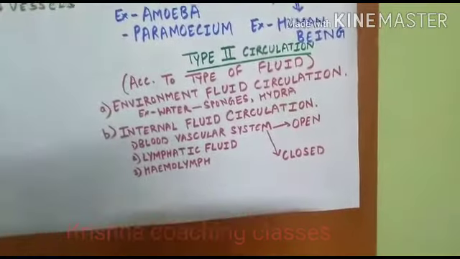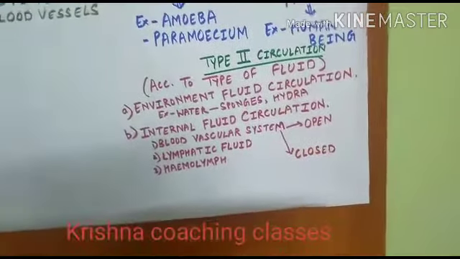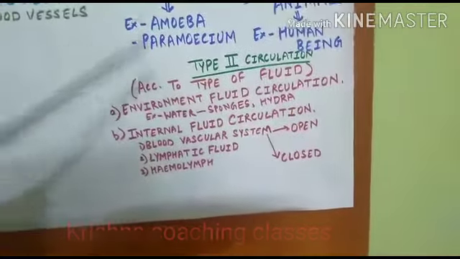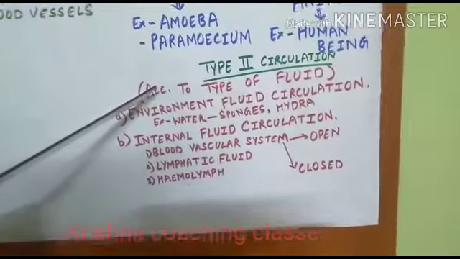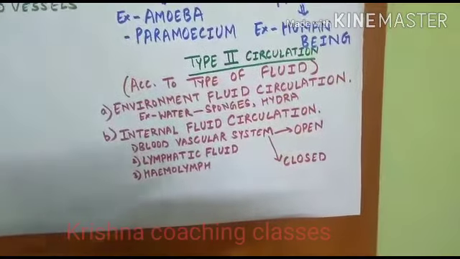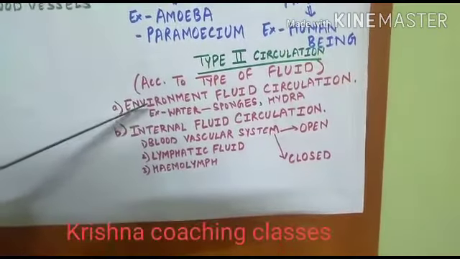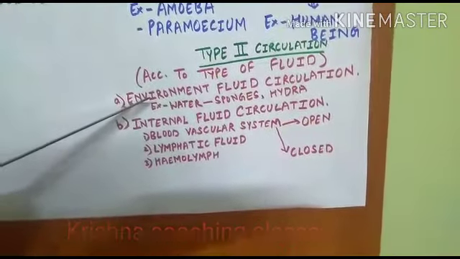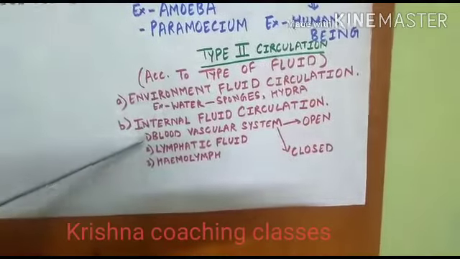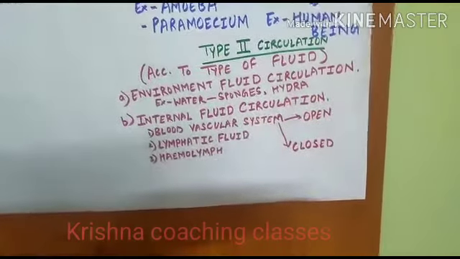Students, type 2 is classification of circulation according to type of fluid. There are two types: environmental fluid circulation and internal fluid circulation.